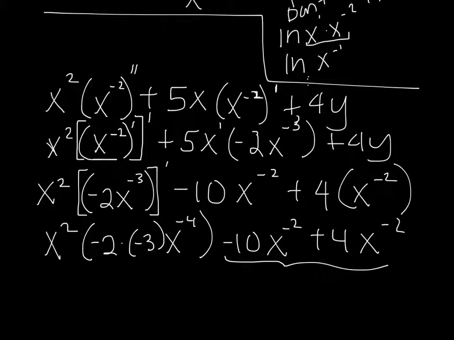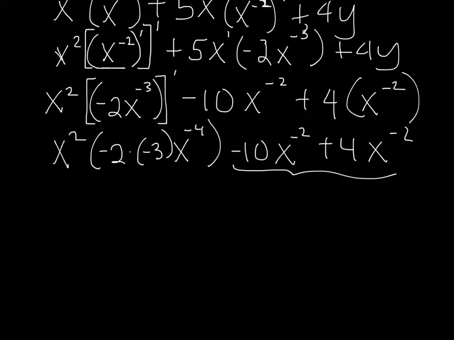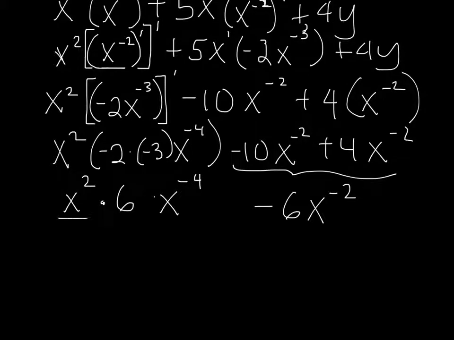Negative 10 plus 4 is 6x to the negative 2, and we have x squared, and we have 6 here times x to the negative 4, and we have the same base, so we can add these exponents.